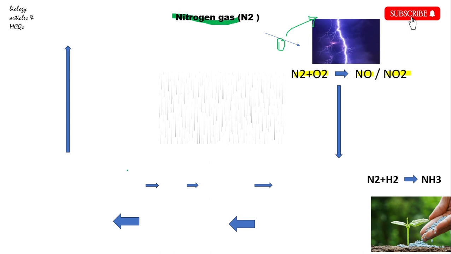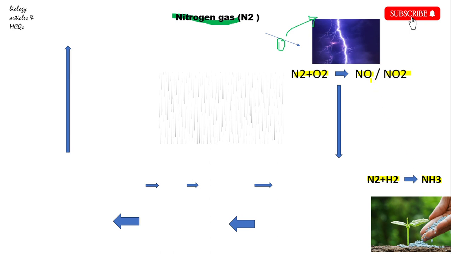Here you can see that in the first stage, nitrogen can be fixed with the help of lightning, or it can also be fixed with the help of fertilizers. Nitrogen will react with hydrogen and change into ammonia, and if we provide this ammonia or ammonium nitrate to the plants, then the nitrogen will be directly provided to the plants.